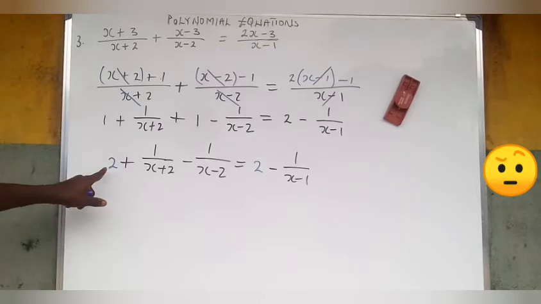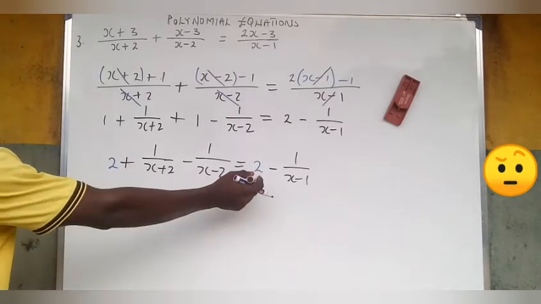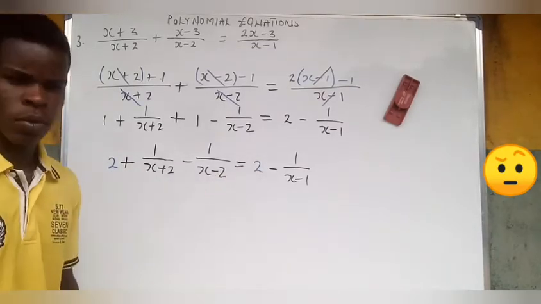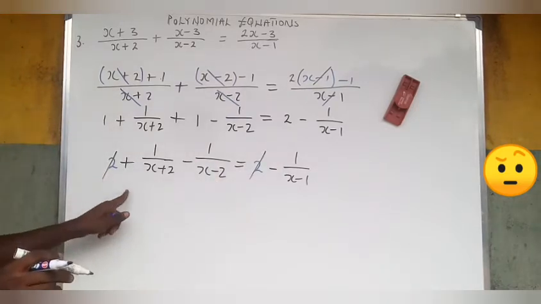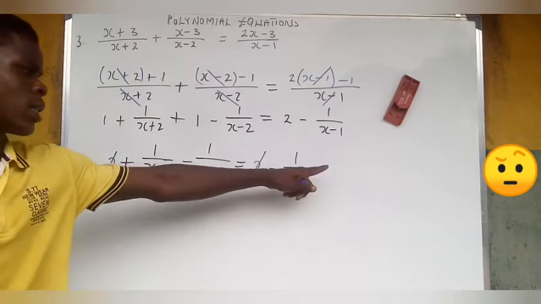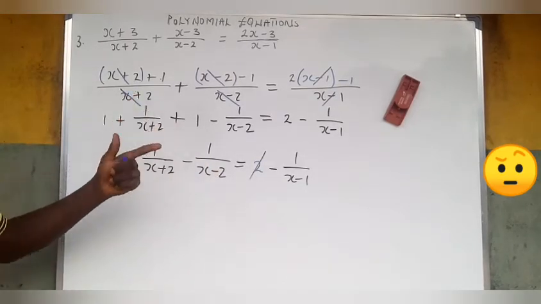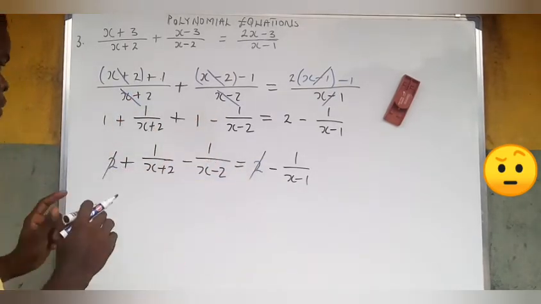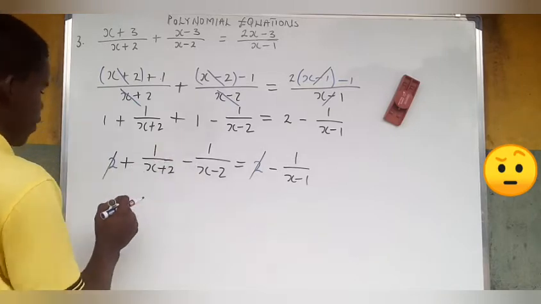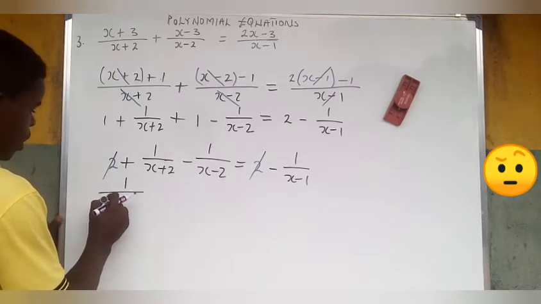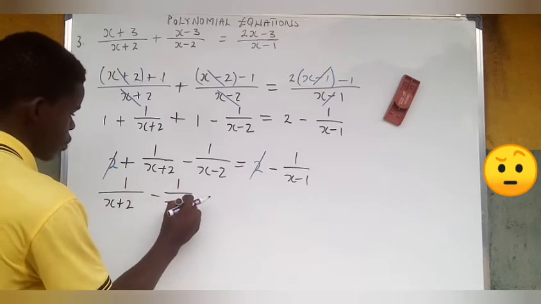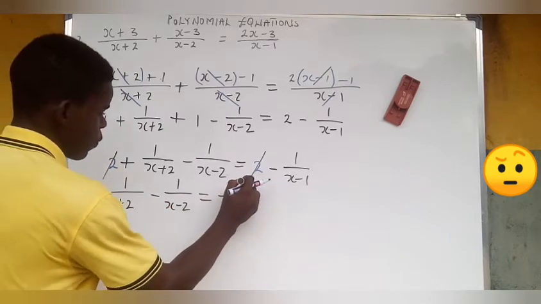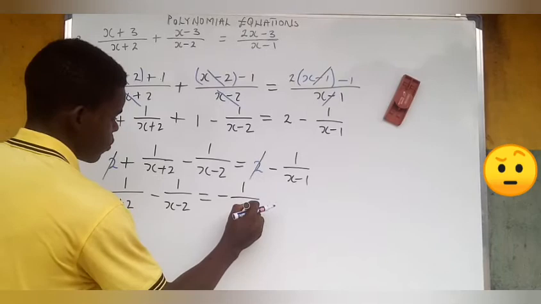Okay, seeing these numbers, 2 and 2, we can say that 2 and 2 go. Now if you subtract 2 from both sides, this side will be 2 minus 2, which resolves to 0. So we have remaining 1 over x plus 2 minus 1 over x minus 2, which is equal to negative 1 over x minus 1.